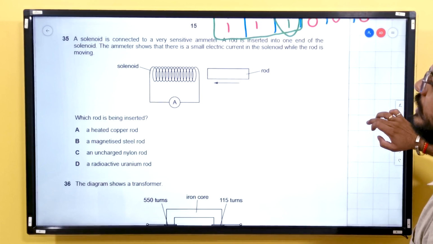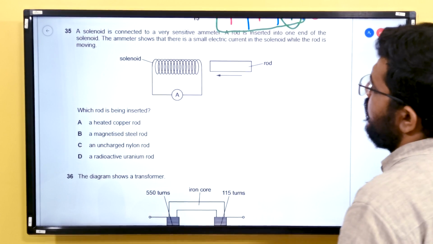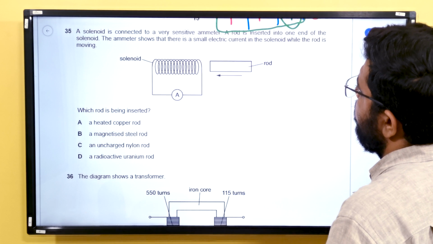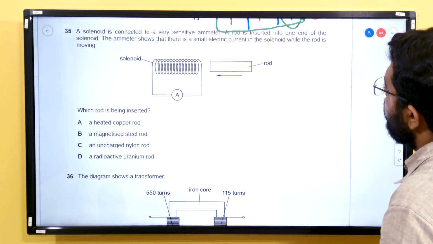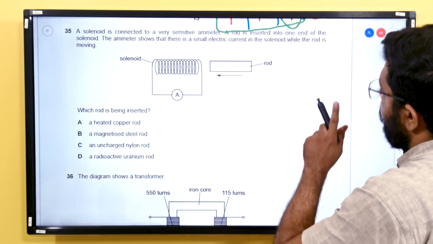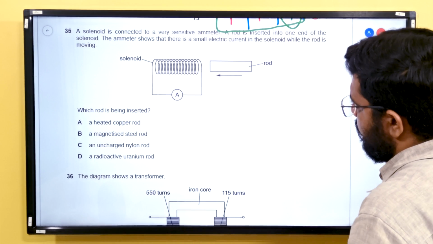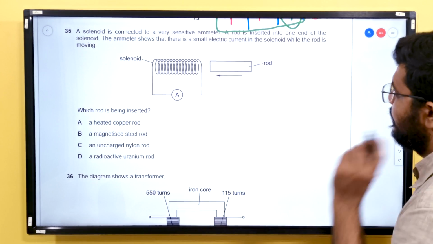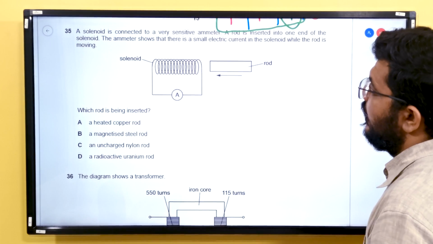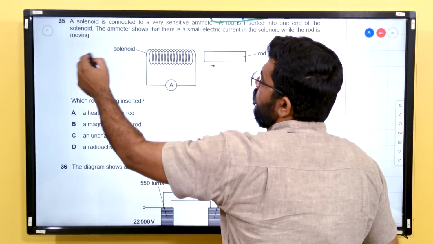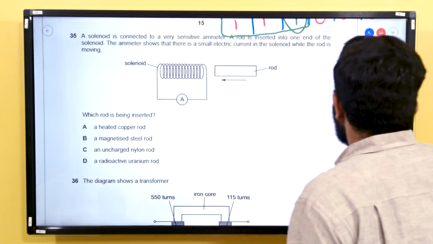Okay, question 35. A solenoid is connected to a very sensitive ammeter. A rod is inserted into one end of the solenoid. The ammeter shows that there is a small electric current in the solenoid while the rod is moving, right? When will this happen?